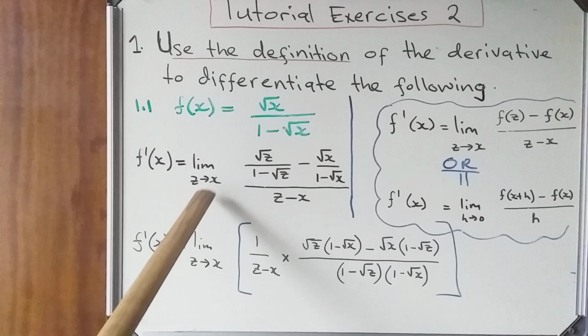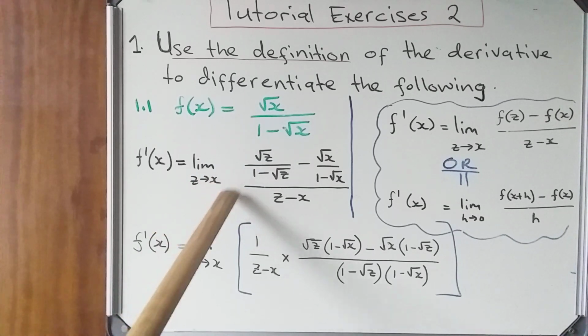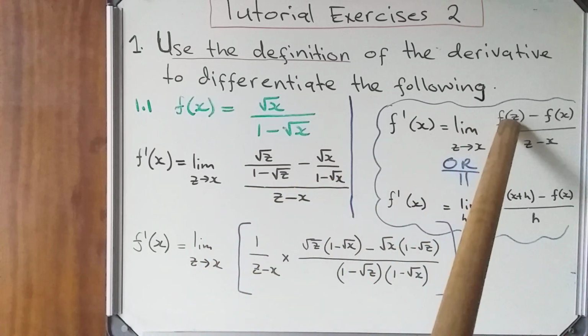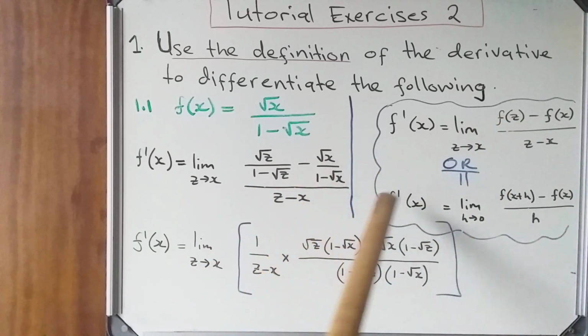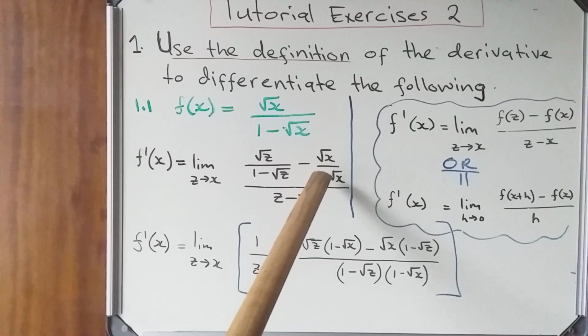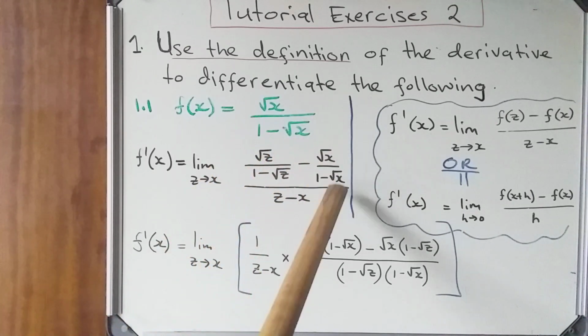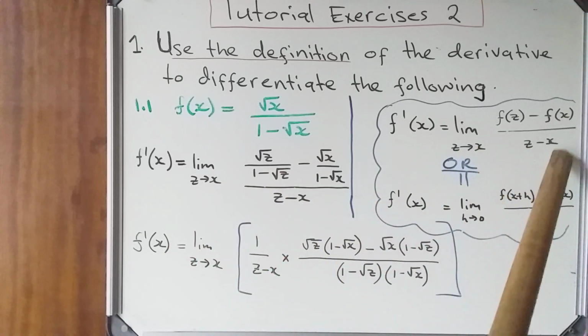So the limit as z approaches x of f of z is this part, minus f of x, everything over z minus x.